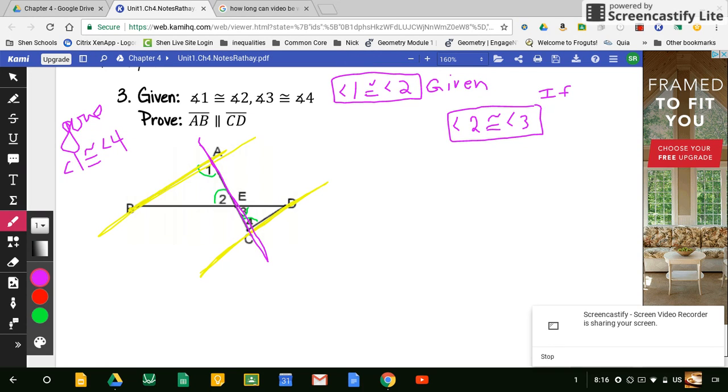And my reason is if two angles are vertical angles, then they are congruent.